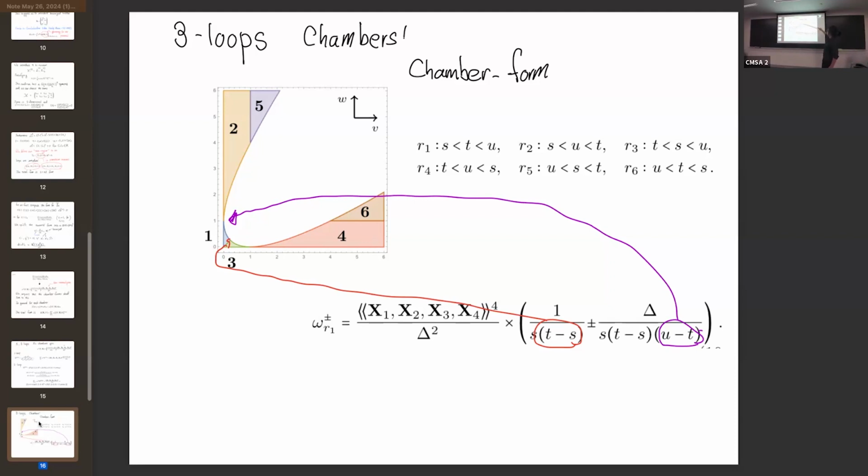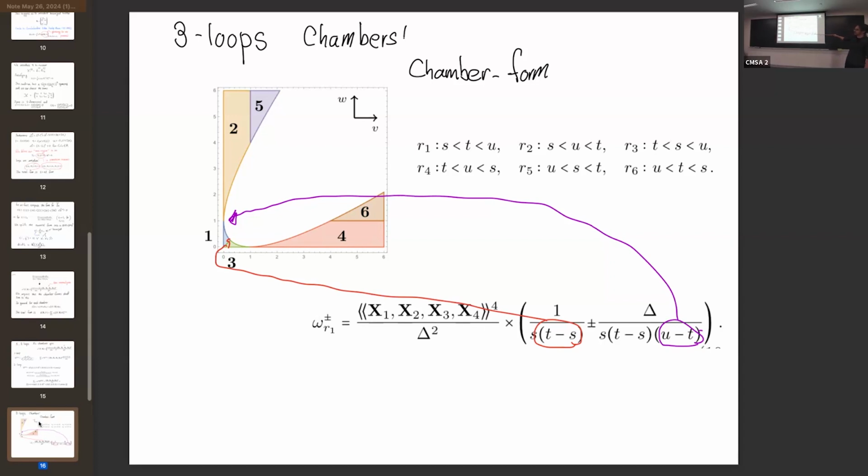So this is R1. You can see that R1 has 2 codimension 1 boundaries. One is S equals T, and one is T equals U. If it's T equals U, then it's neighboring the R2 chamber, which is here. And if S equals T, it's neighboring the R3 chamber, which is here. The fact that you have 2 chamber boundaries is reflected in the canonical form that you compute for the chamber.